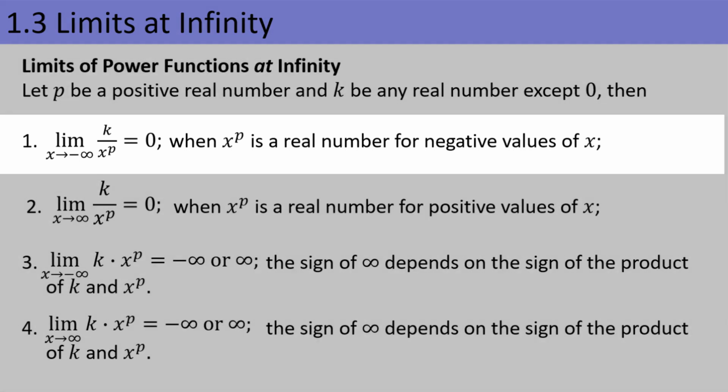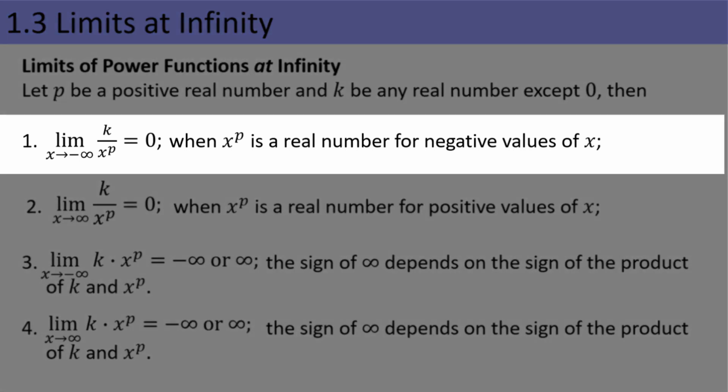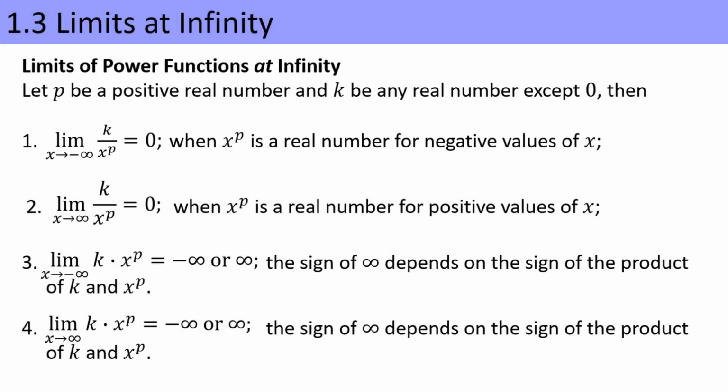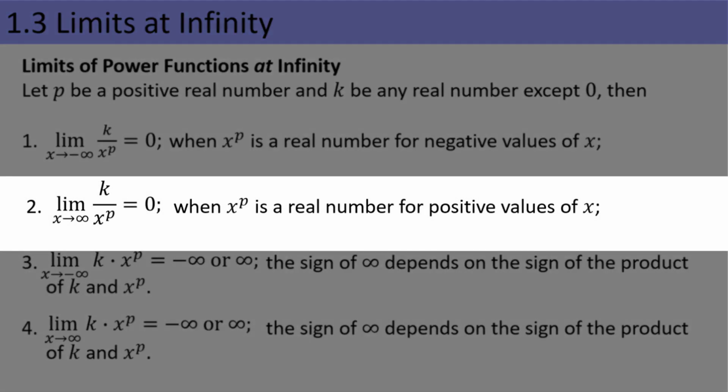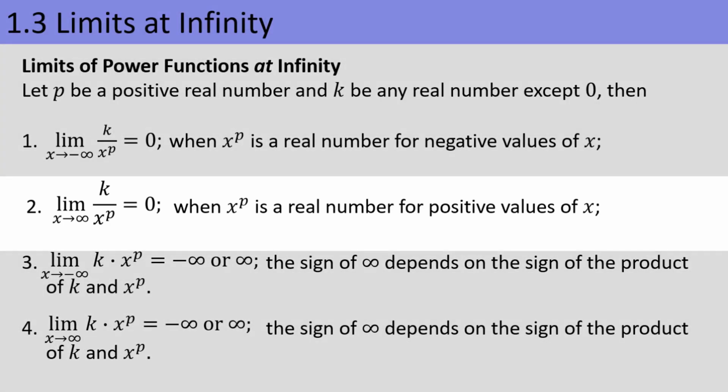Then 1. The limit as x approaches negative infinity of k divided by x to the power of p equals 0 when x to the p is a real number for negative values of x. 2. The limit as x approaches infinity of k divided by x to the p equals 0 when x to the p is a real number for positive values of x.